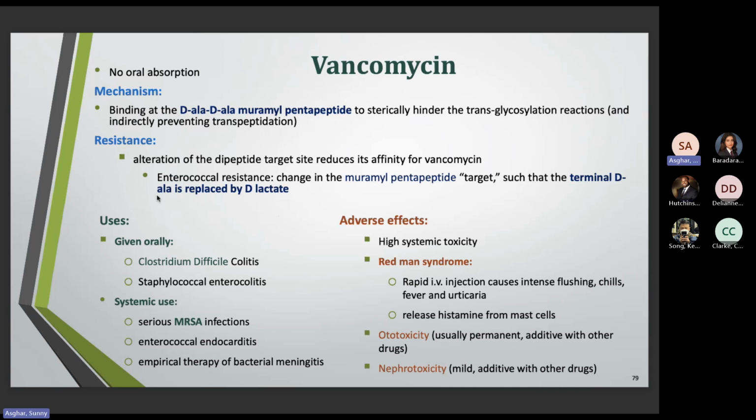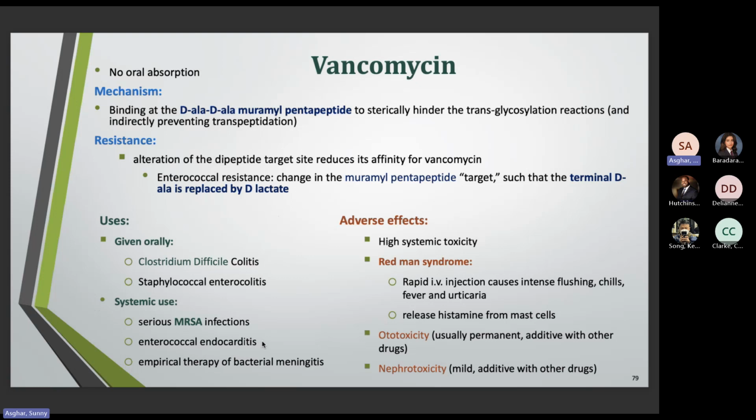The uses for it. If you use it, it's usually given orally, right, for C. diff and for staphylococcus enterocolitis, and it's used for serious MRSA. MRSA stands for methicillin resistant Staph aureus infections, so you would give vancomycin for that. And for endocarditis, you guys are not really going to learn about endocarditis until Med 4.